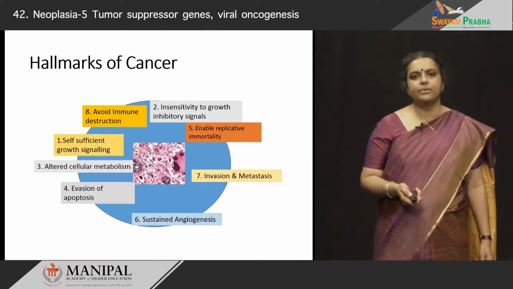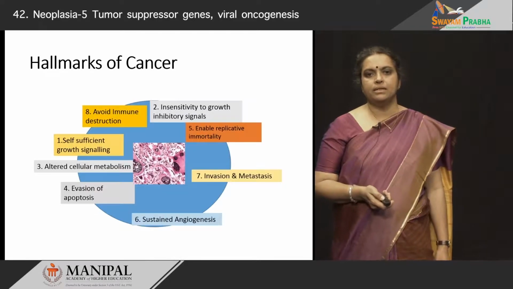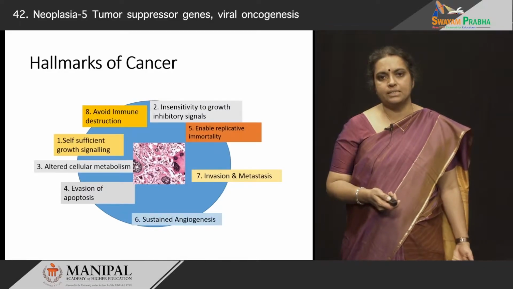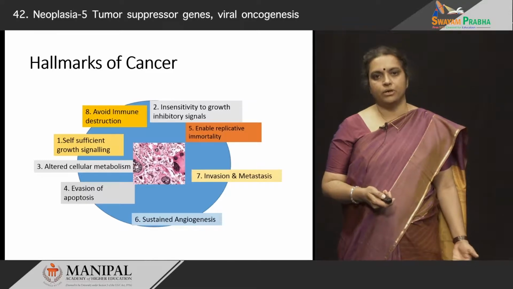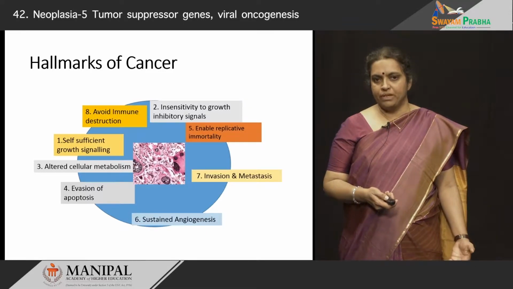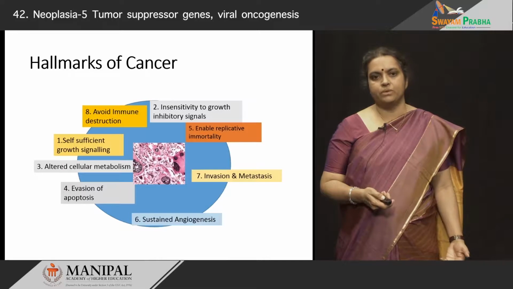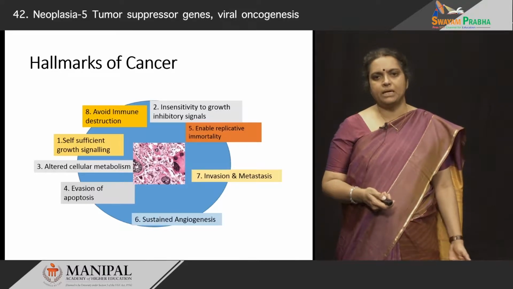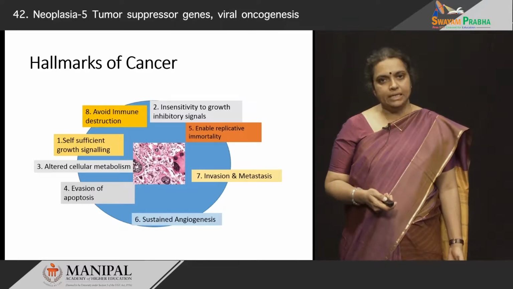Okay, just to recapitulate the hallmarks of cancer, there are various very essential features of cancers that we have talked about, and we have especially talked about self-sufficient growth signaling, and the second one, which is very important, is that the cancer cell somehow becomes insensitive to growth inhibitory signals.